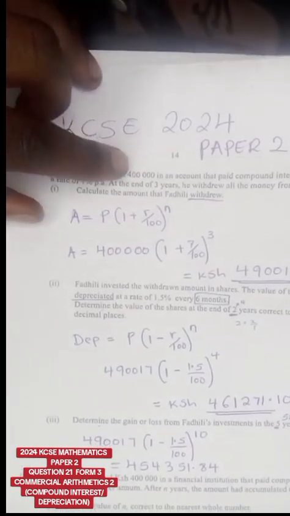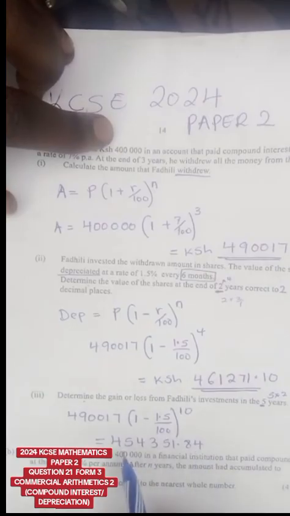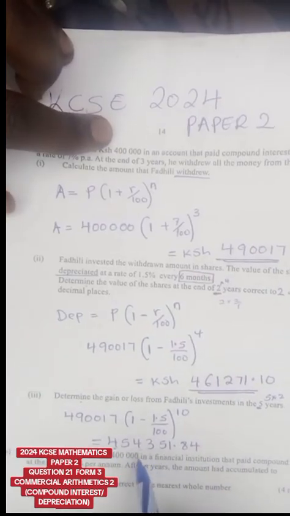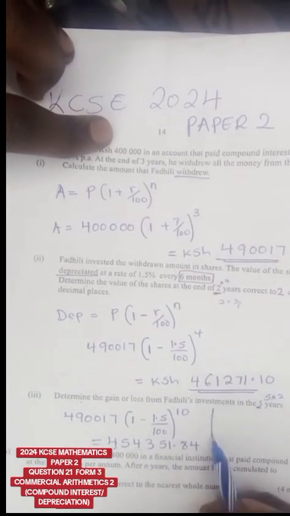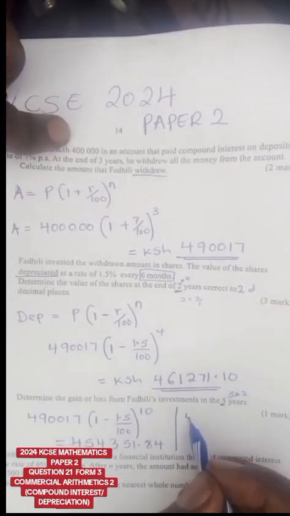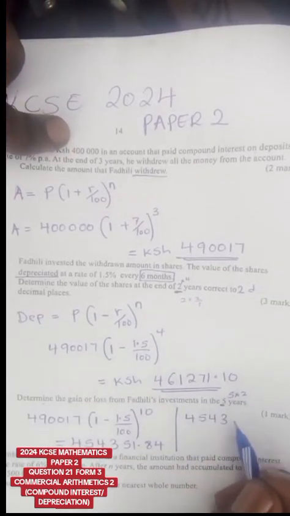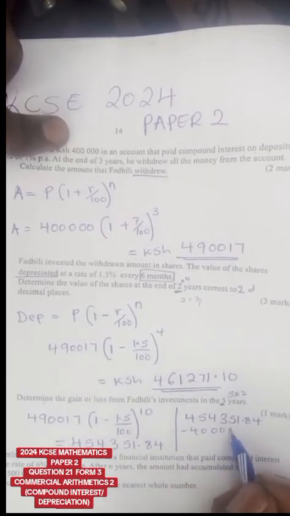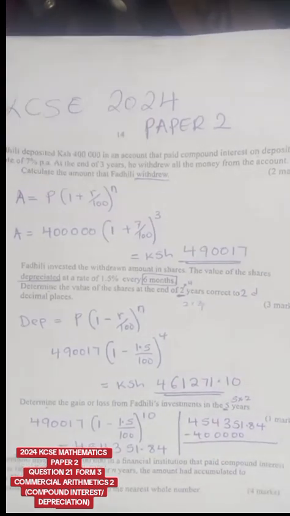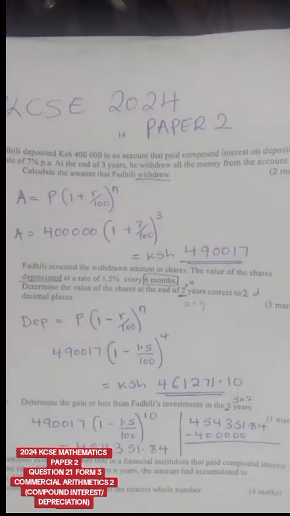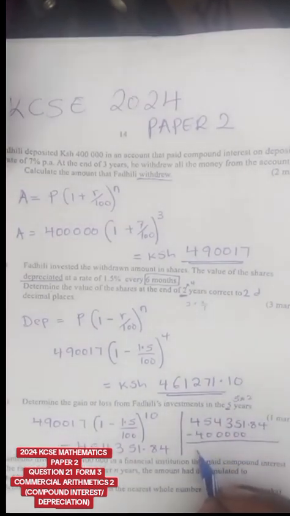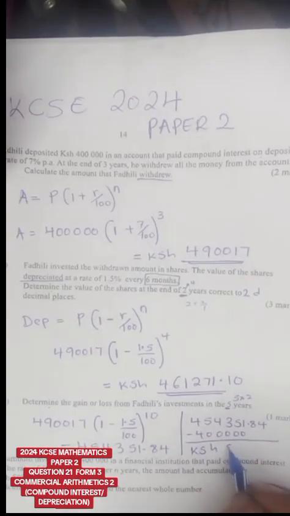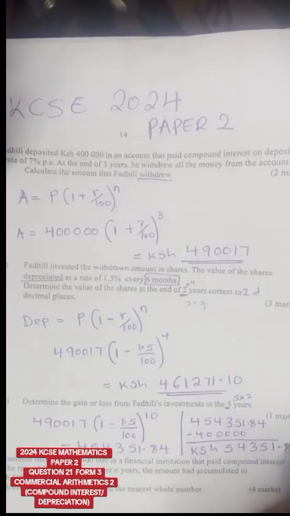So is this a gain or a loss? We know this is a gain. A gain of how much? We say 454,351.84, then we subtract 400,000. So this means that the amount gained was Kenyan shillings 54,351.84 to 2 decimal places, and that is how the question is supposed to be tackled.